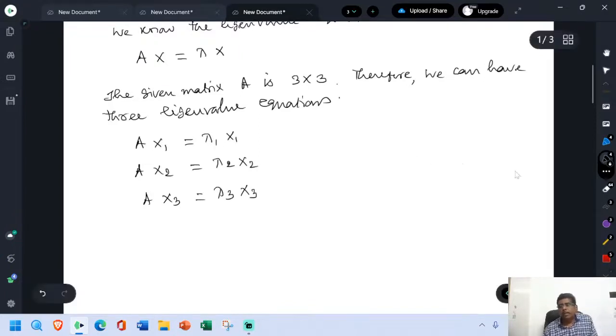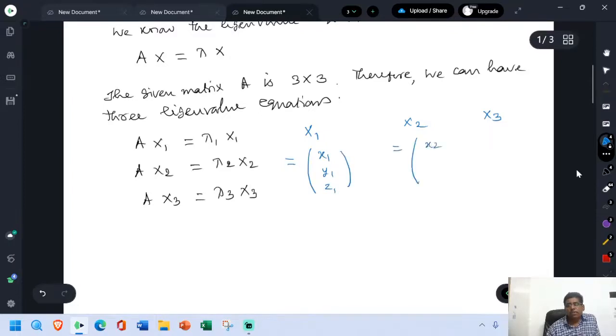Then what are the values of x1, x2 and x3? The value of x1 is equal to small x1, y1, z1. The value of x2 equal to small x2, then y2, z2. The value of x3 equal to x3, y3, z3.